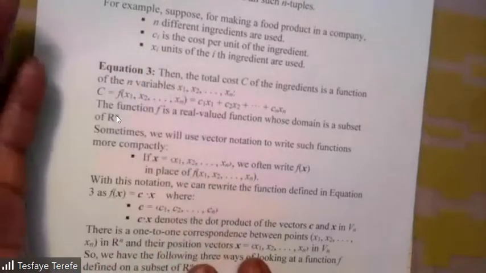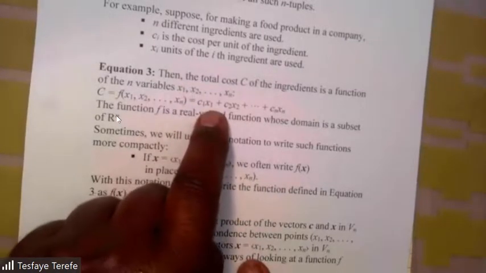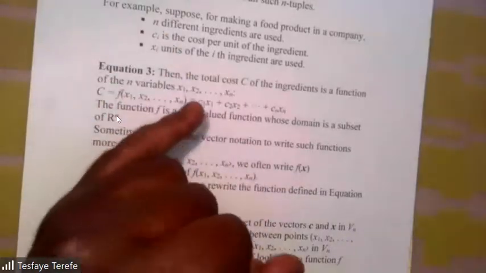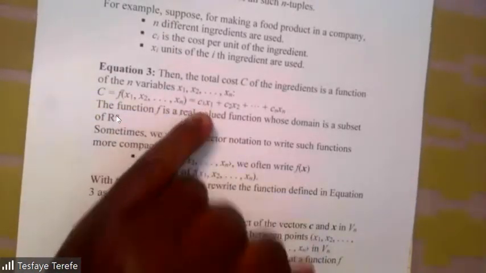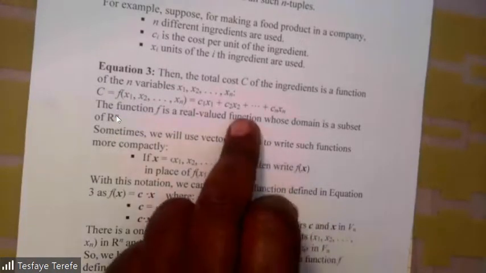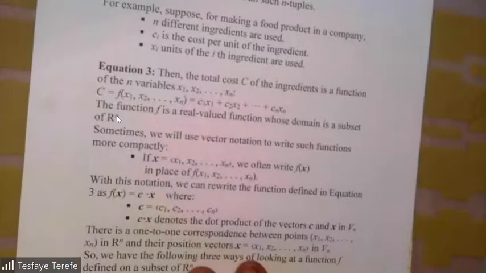Cost will be f of x1, x2, up to xn. In other words, the cost of the first ingredient times the quantity of that first ingredient. It can be 5 kilos, 2 kilos, and so on. And the cost per kilo might be here, or per pound in the American system. And the second ingredient has its own cost, and you add all this. So what is this really giving us?